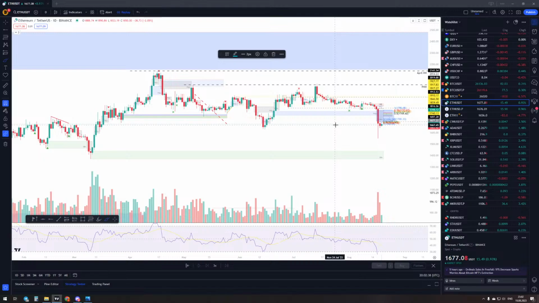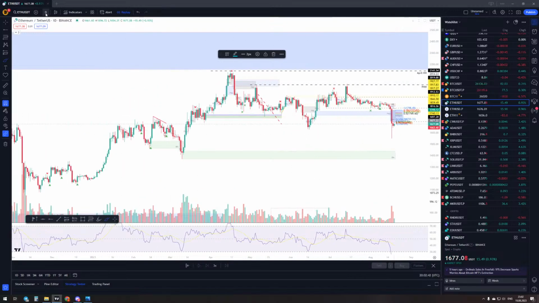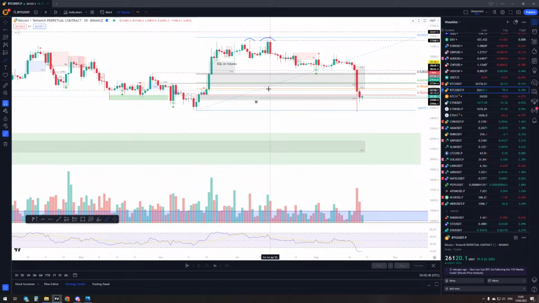But I didn't expect price just ignored major levels, especially on Bitcoin, with this imbalance. I wanted to see some reaction, because it always does it. Because it doesn't make any sense when we're just going down 15% within a day.